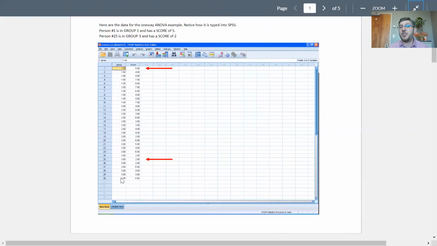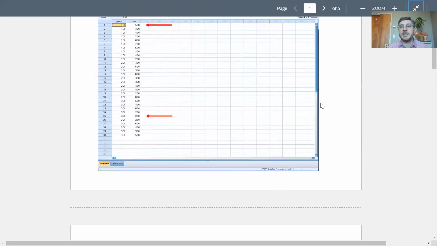So in this data set, there are 30 participants, or 30 subjects, in 3 groups. The first 10 subjects are in group 1, the next 10 are in group 2, and the final 10 are in group 3. So that's how they're labeled. And here's their score on whatever the outcome is in this example.